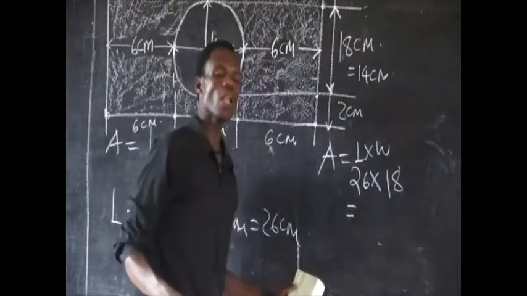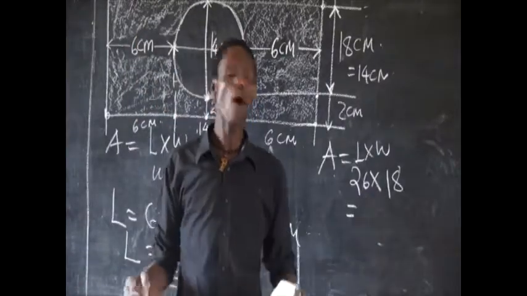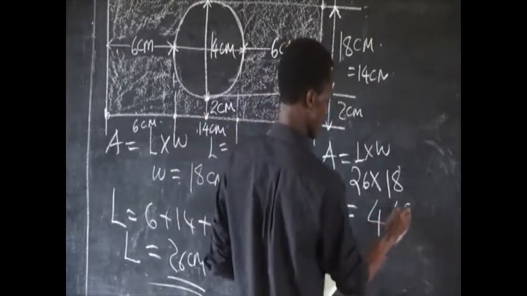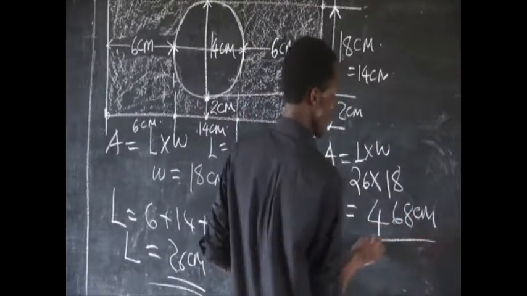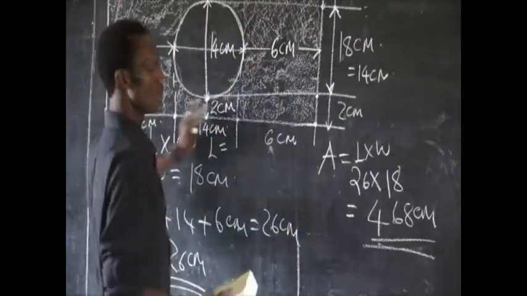So it's all about multiplying 26 times 18. After you have multiplied, you will definitely get 468 centimeter square. So this is the area for the whole shape.